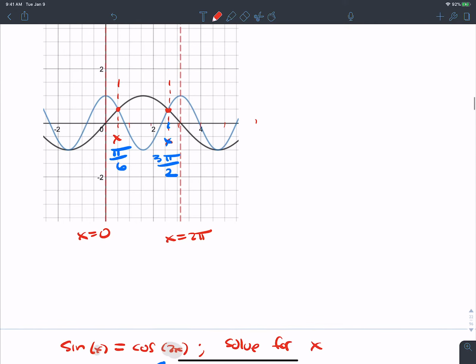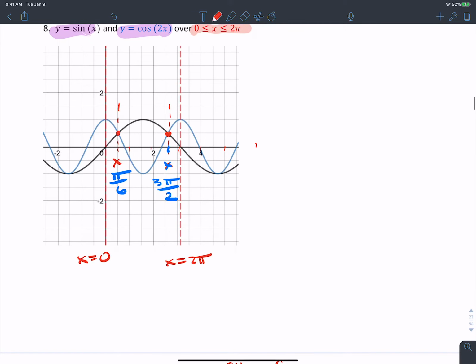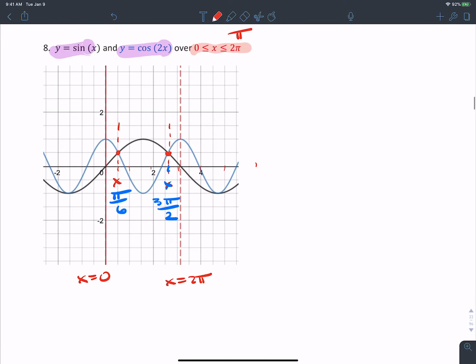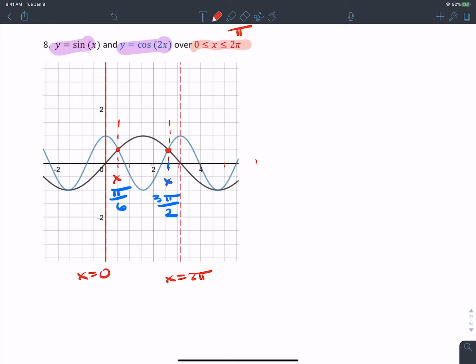But if I change that to pi now, I have an issue here for this one. Pi is about 3.